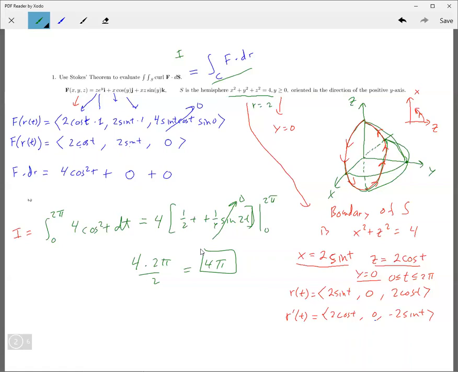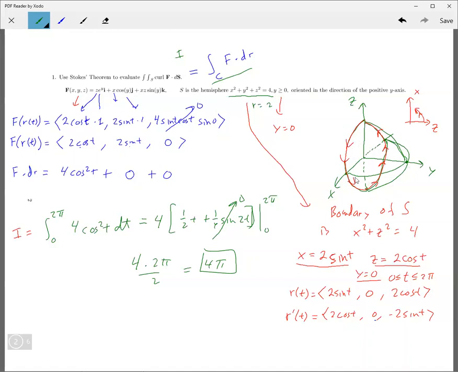Now, one interesting thing is that the surface here is this sphere, right? But if you were to deform this surface, so it's still a continuous surface, let's say this is part of a balloon.